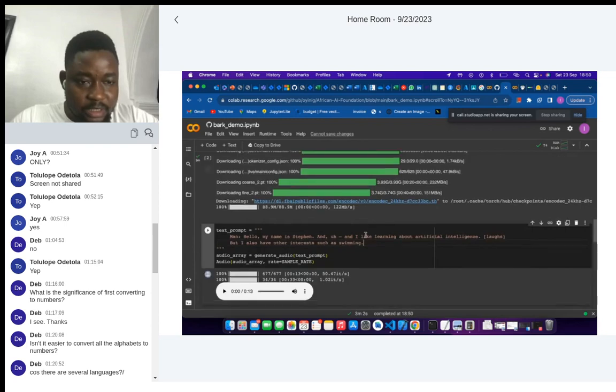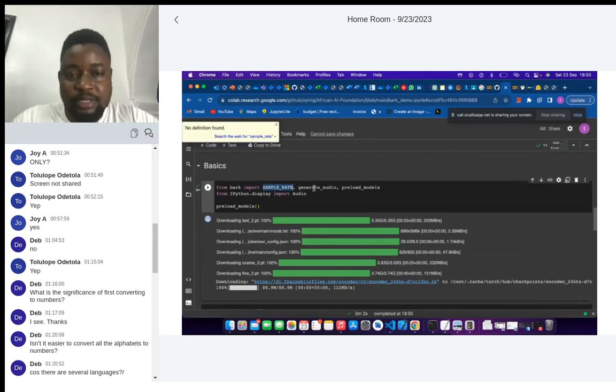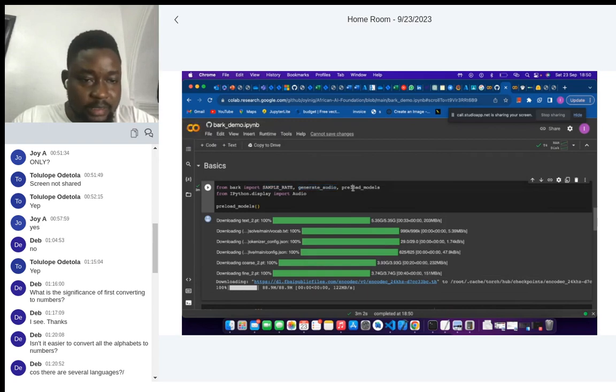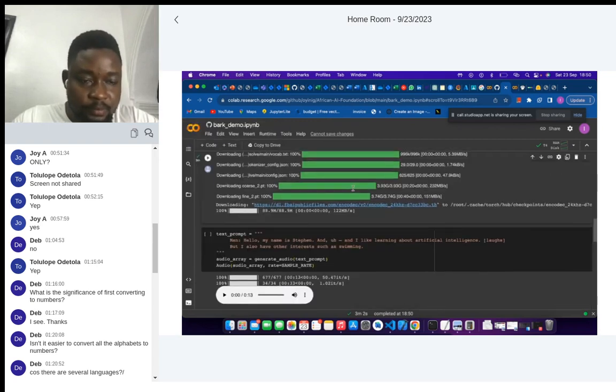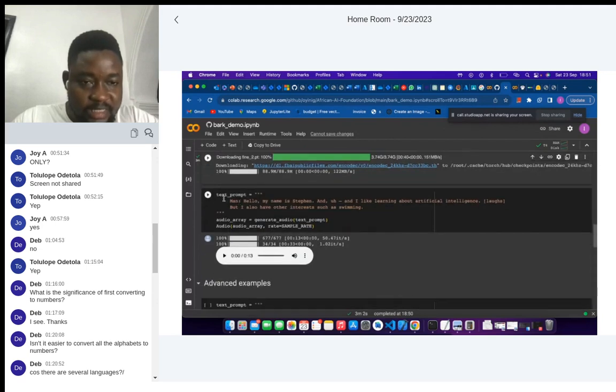All right, so I think this is done. All I'm simply doing again, sample rate is pretty important. It has to be close to the sample rate of what the model was trained on, and then we want to generate audio, and we preload the models and we can pass text prompts to generate audio.